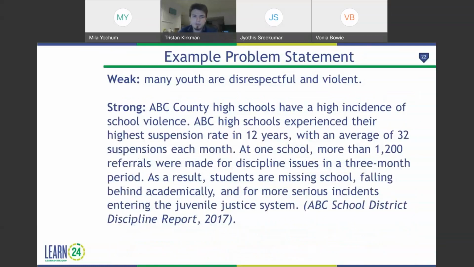To get a better idea of what an effective problem statement looks like, let's compare these two examples. In the stronger example, we can see the target population and the challenge to be addressed. The challenge is described in detail using measurable indicators and supported by research, and explains why the challenge is important.